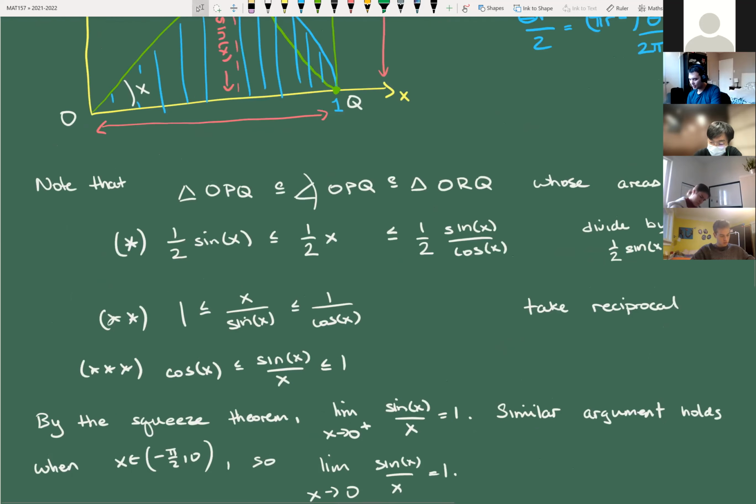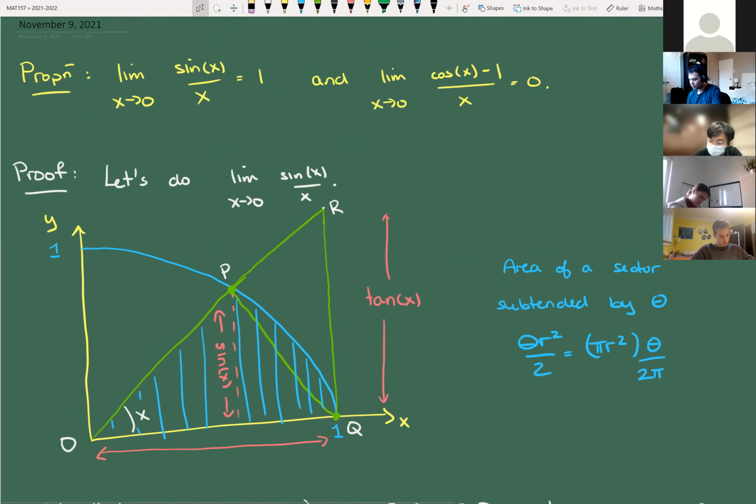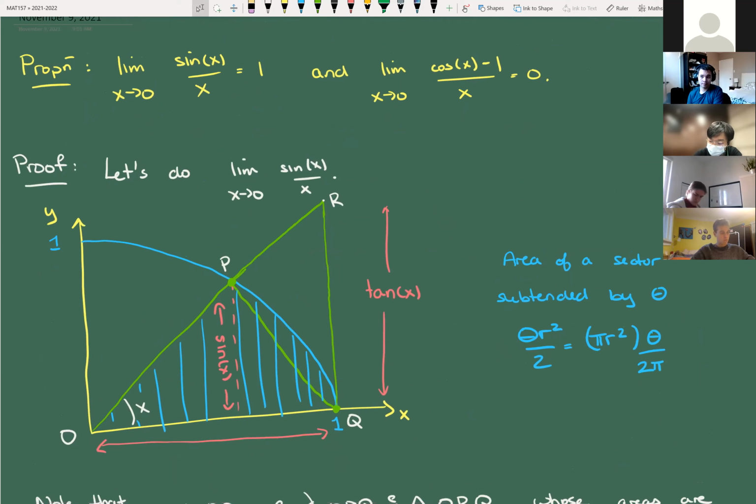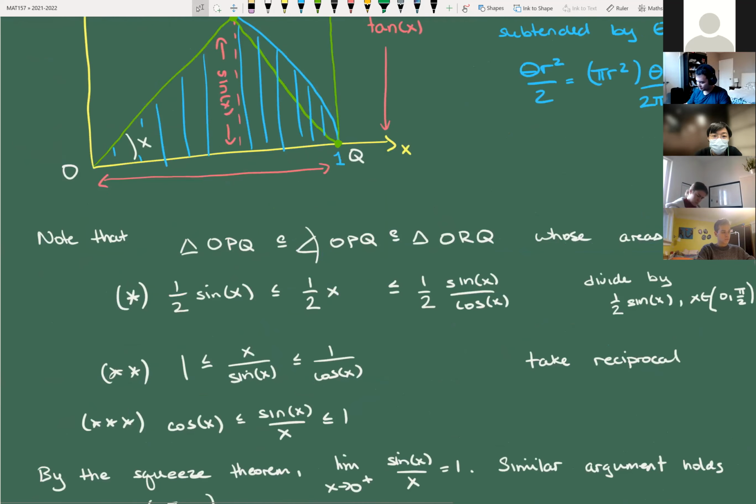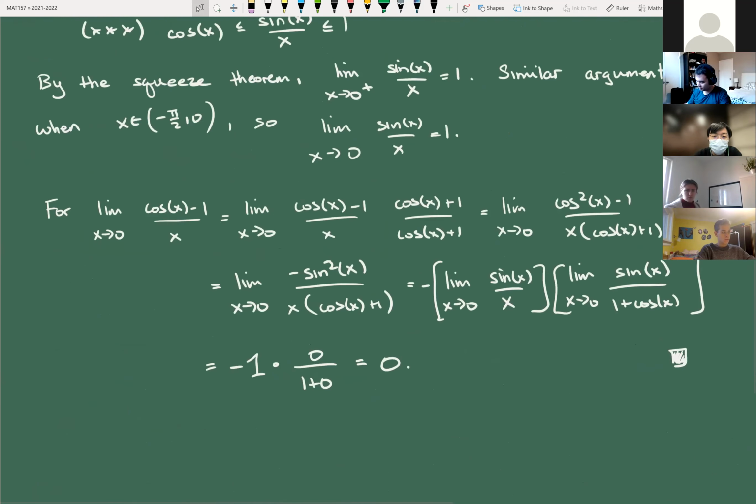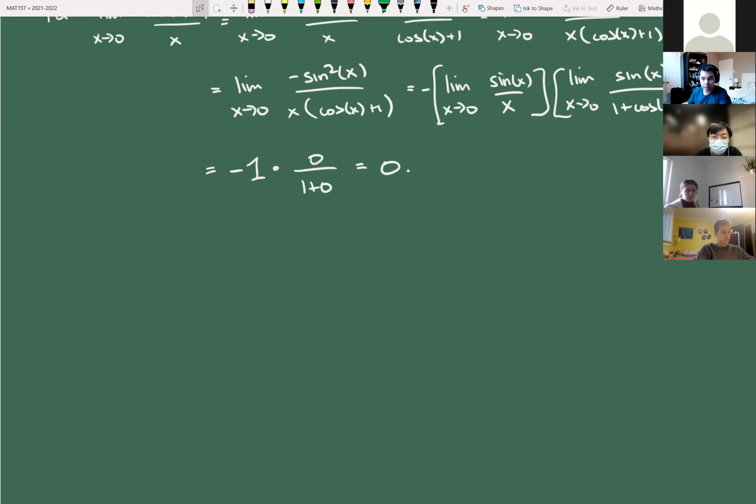Okay, does anyone recognize what these limits are in terms of derivatives? What are they? Nobody sees them? They're the derivatives of sine and cosine at 0, right?